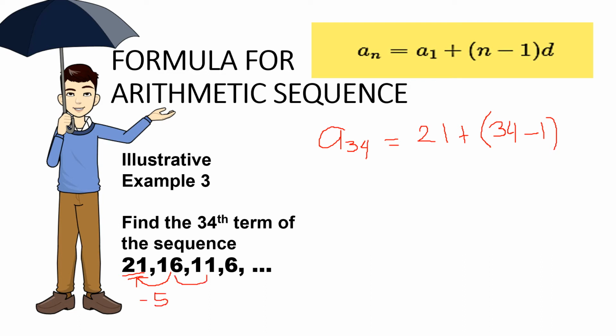11 minus 16, that is negative 5. 6 minus 11 is negative 5. So this is an example of arithmetic sequence. The difference is negative 5. So we have now 21 plus 34 minus 1 is 33 times negative 5.